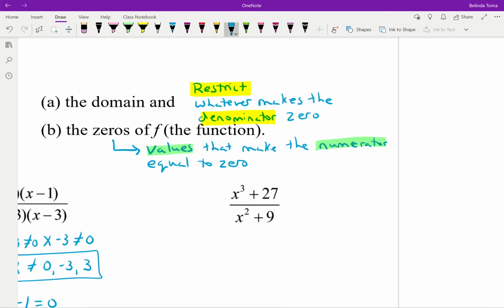So in the domain, if we have a fraction, say 2 divided by 0, then the 0 in the denominator makes it undefined.